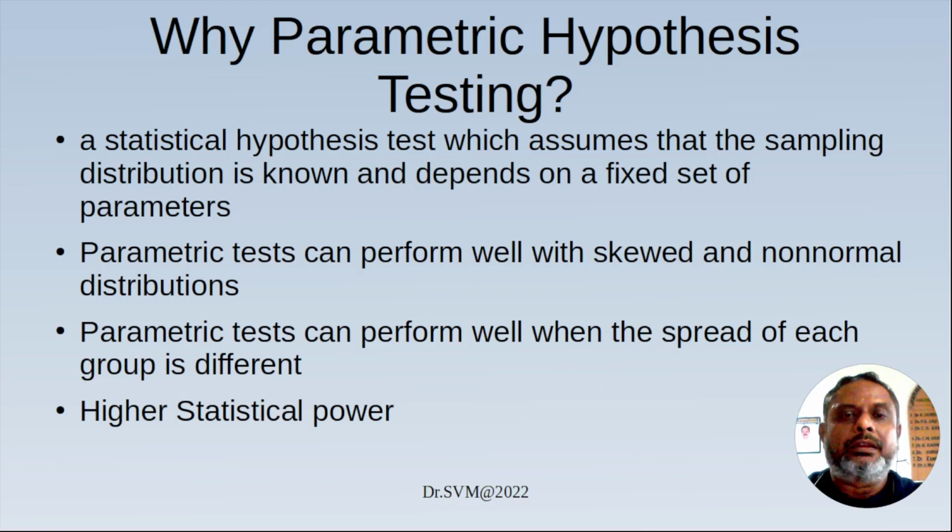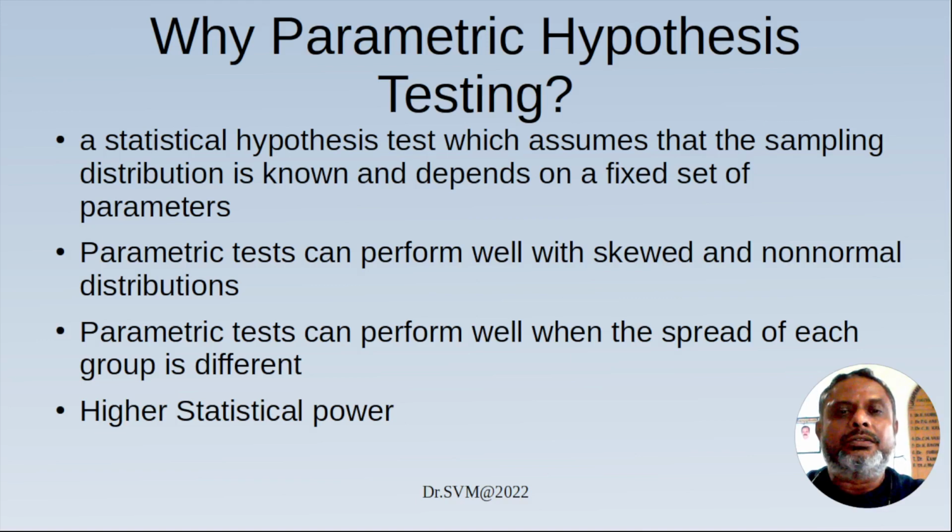So usually this parametric hypothesis testing is done with samples whose distribution is known, and instead of the whole sample, we can just represent the sample with a few parameters. Like if the sample is known to be normally distributed, then this whole millions of elements of the sample can be just represented by two parameters, mean and the variance.